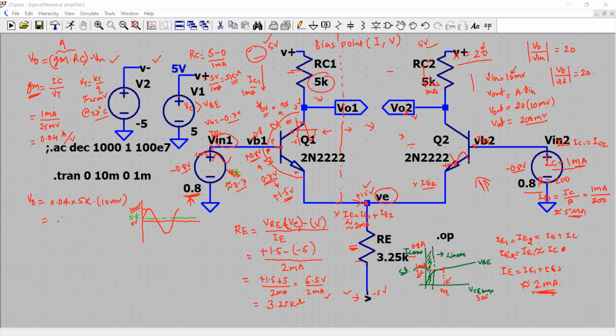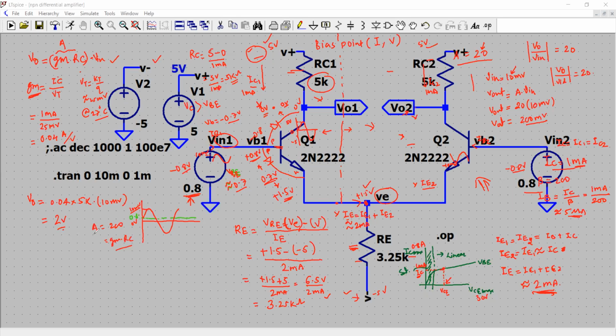Let's calculate, or even 1 millivolt or something. So let's calculate that value. So how much is the output? Let's do that. So it comes out to be around 2 volts. So we have a gain of about 200, which is your GM times RC.